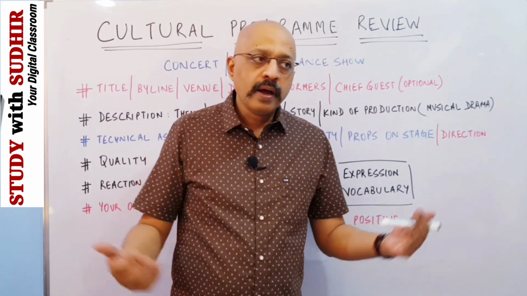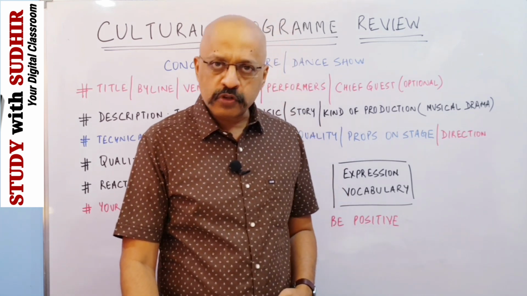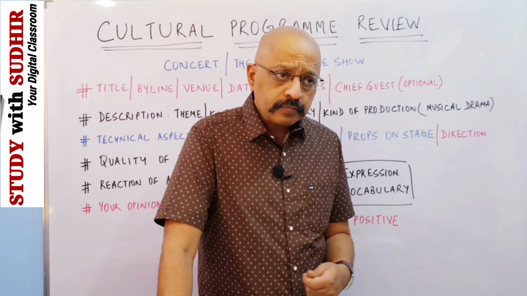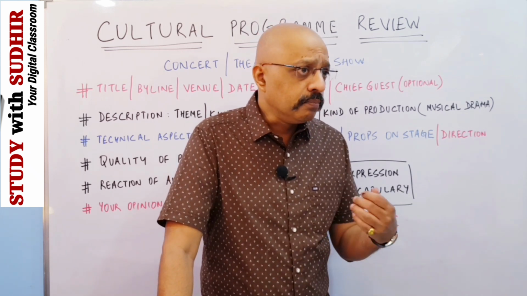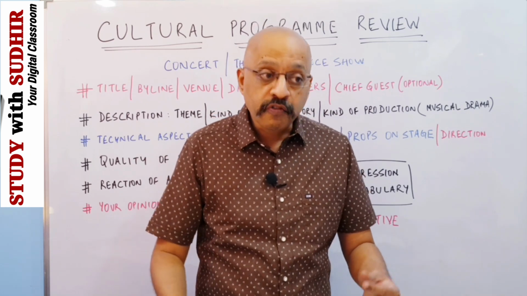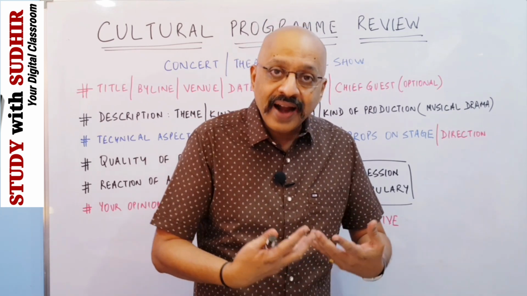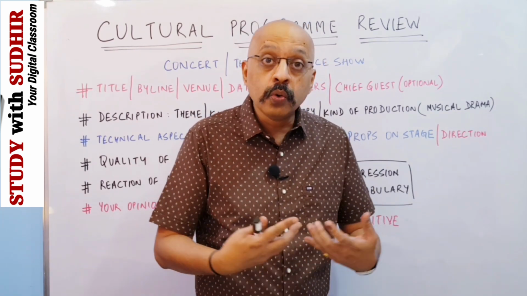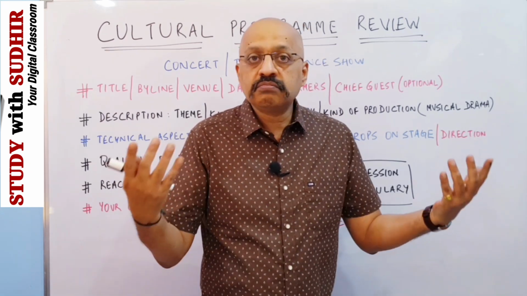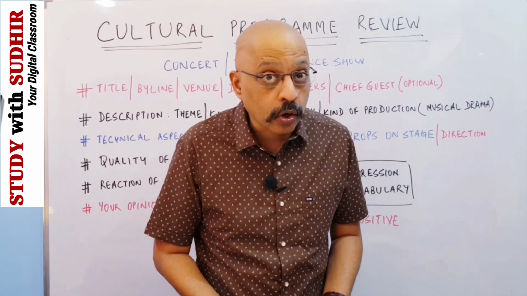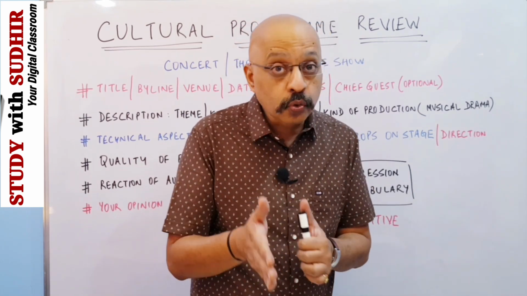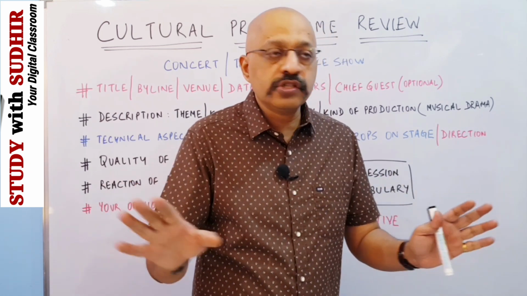For example, this play that was staged was the story of 2 persons who were confined to home during the COVID pandemic, and how they coped with the crisis of having to do things themselves and dealing with their own issues, and how they managed to solve their own differences through the 2 months of pandemic lockdown. That is the theme of the play. That's the story of the play that you can mention in just these 2 sentences.